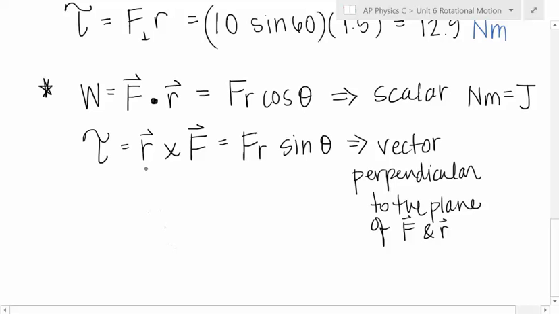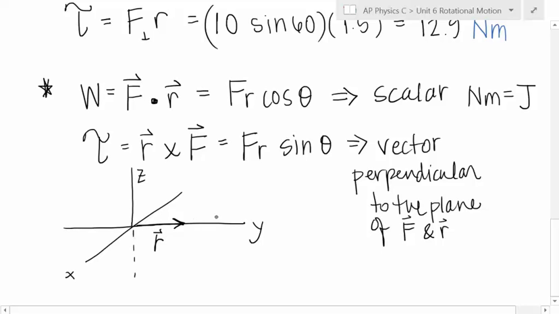So if I have an X, Y, Z axis, and the R is in this direction, and the F is along my negative X direction, trying to make it look three-dimensional.